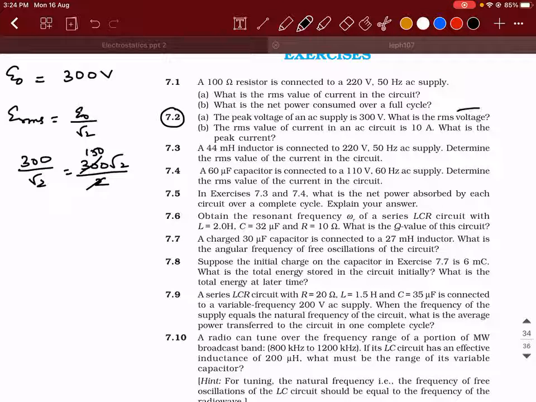This is volt. Okay. The RMS value of a current in an AC circuit is 10 ampere. What is its peak current? So IRMS is 10 ampere. I naught is how much? Root 2 into 10. So that will be 14.14 ampere.